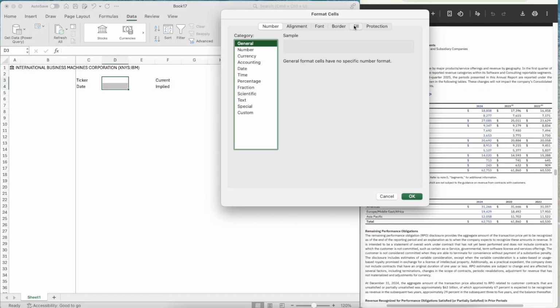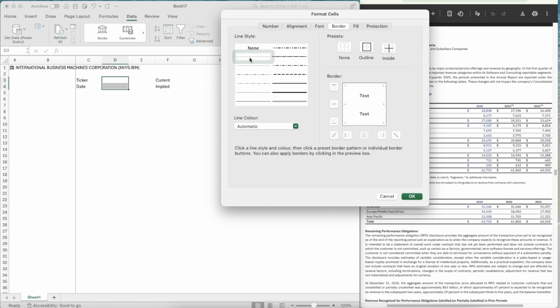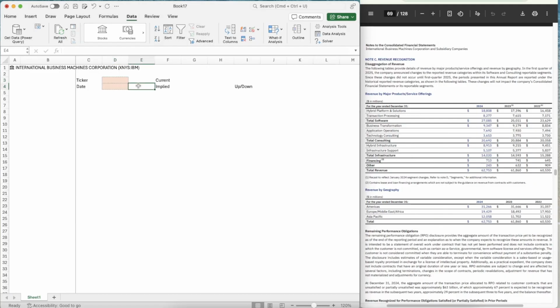Just do some formatting. I like to go for this beigey color. Border, a dotted border. And just copy these over here. Take this and go there. Now, pop an X here.